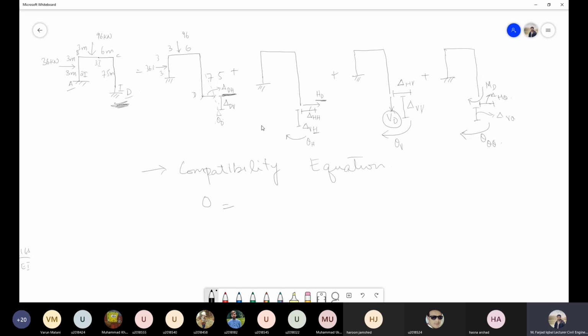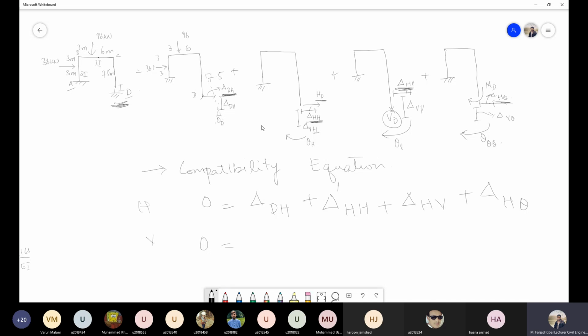In this frame, you can see that there is one horizontal deflection, that is delta DH. In this second frame, you have this horizontal deflection, that is delta HH. In the third one, again you have this horizontal deflection, that is delta HV. And in the last one, you have this deflection, that is delta H theta, right?